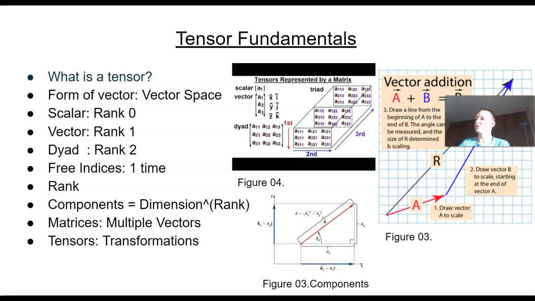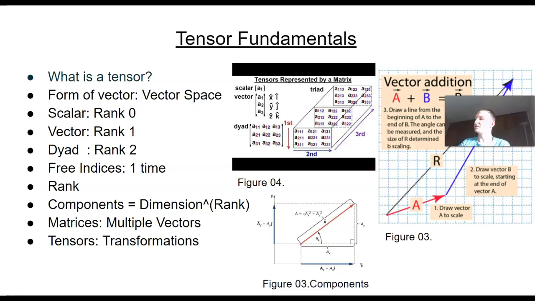What is a tensor? The rank is determined by the number of free indices. Free indices occur one time. Matrices are used to describe the vectors with multiple components. Tensors use vector space and transformations.